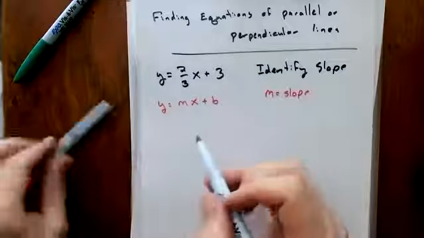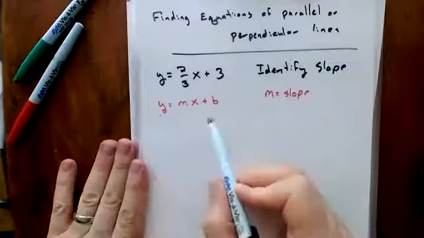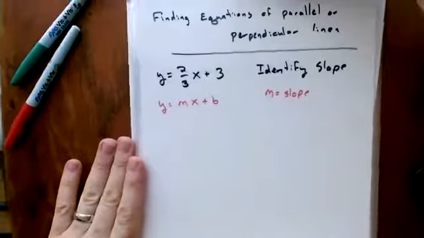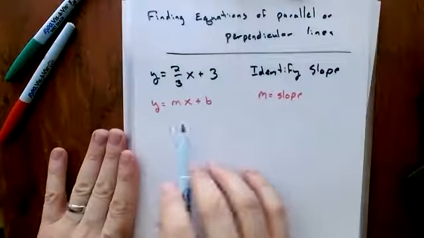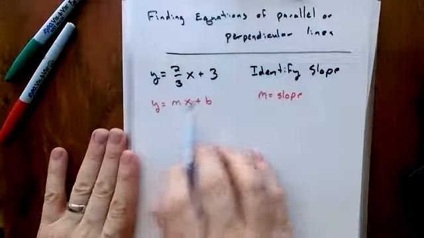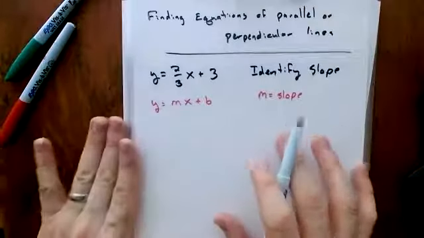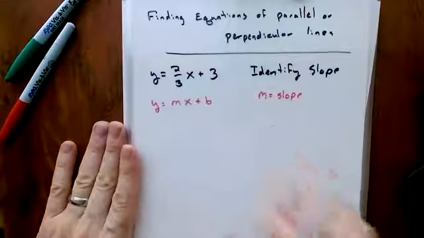It's very important that it's in this y equals mx plus b format if we're just identifying what our slope is. Otherwise, we could, of course, just figure out a couple points and plug that in. That's a little bit more work than we really want. This should be a fairly painless process.